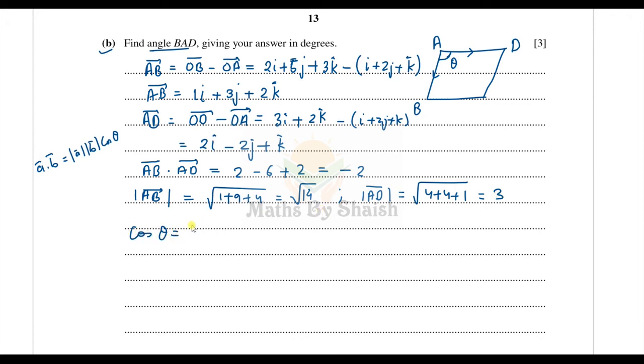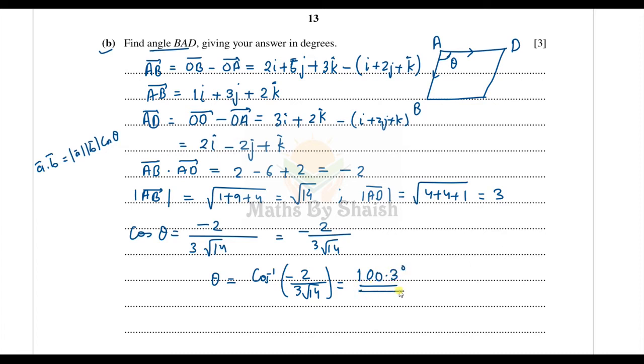So cos theta will be a dot b, that is minus 2, over AB magnitude into AD magnitude, that is 3 into root 14, so it is minus 2 over 3 root 14. Hence theta, the angle between them, will be cos inverse of minus 2 over 3 root 14, and from the calculator it is coming 100.26, so 100.3 degrees.